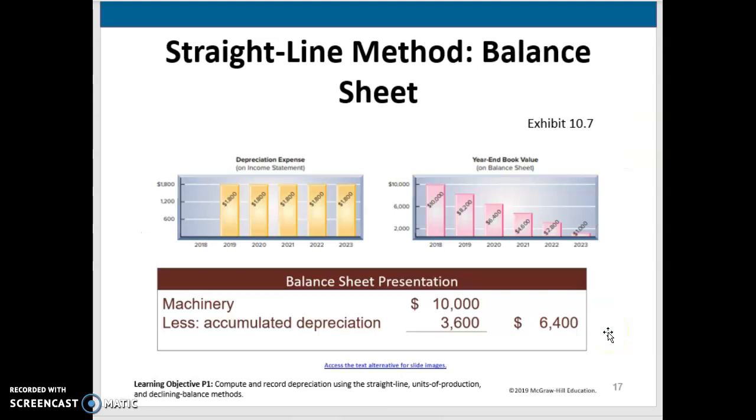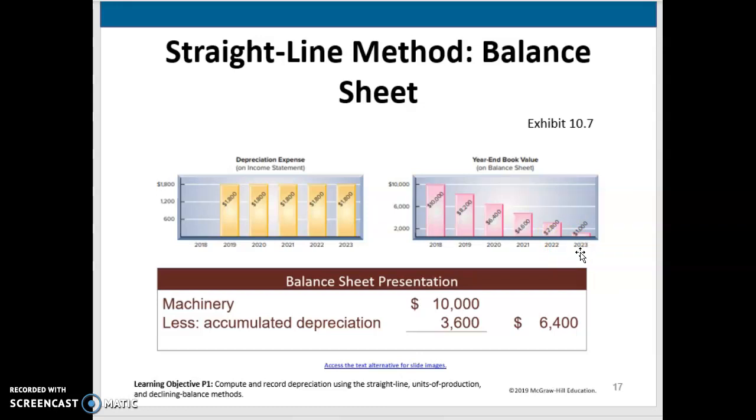So under the straight line method, we can see that the depreciation expense is the same every single year, right? We're depreciating the same amount every year. And what we see is that book value is decreasing by $1,800 each of those years, down to that last year where we end up with that salvage value, that $1,000, after we depreciate that last year.